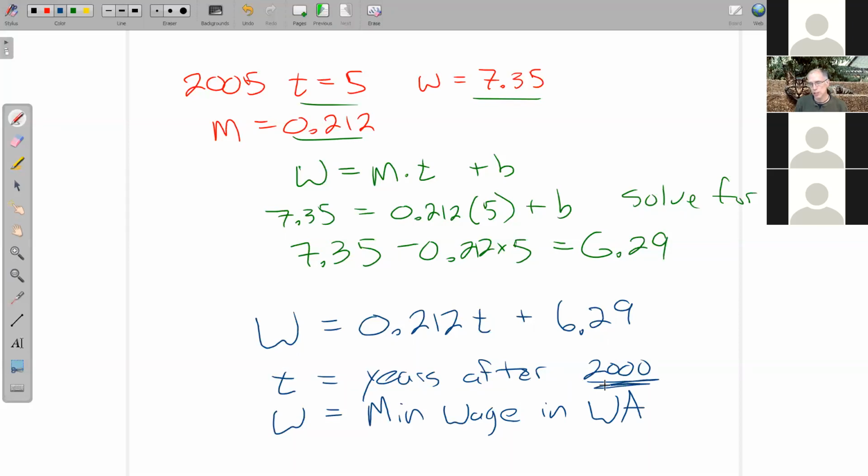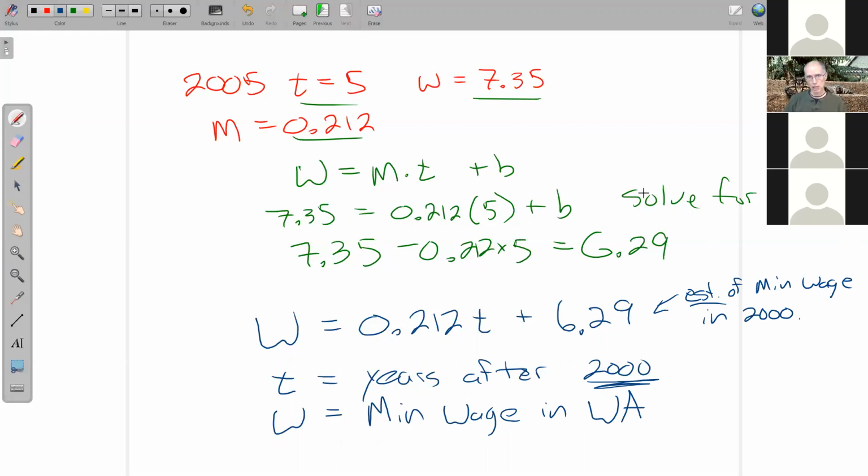Since we're doing years after 2000, this number right there is our estimate of the minimum wage in 2000, because we're starting in the year 2000. And it's an estimate because we weren't given that. We had to calculate that.